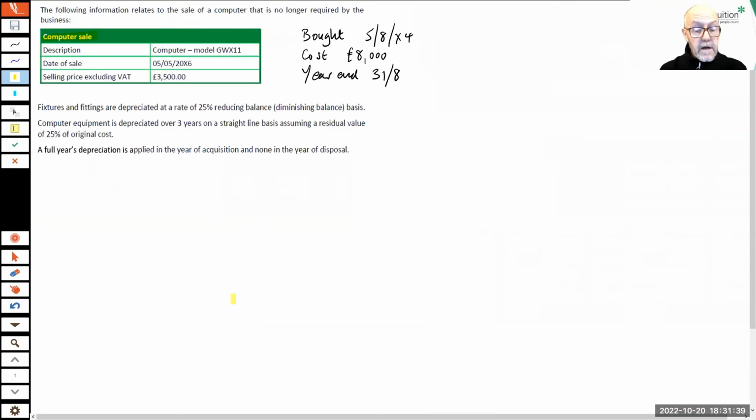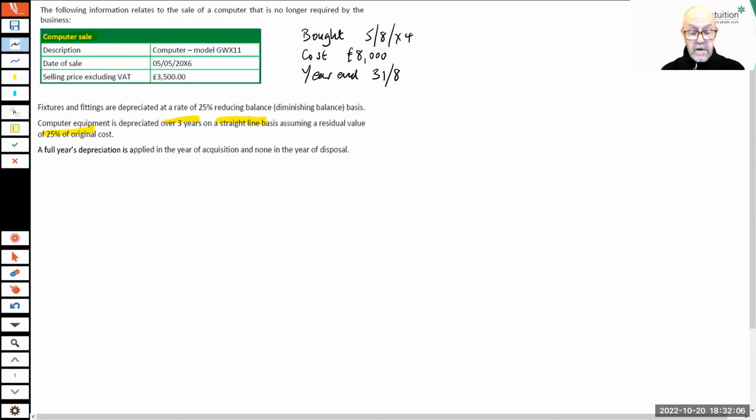So we bought this asset on the 5th of August X4. It cost us £8,000. Computer equipment is depreciated over 3 years on a straight line basis, and this assumes a residual value of 25% of cost.